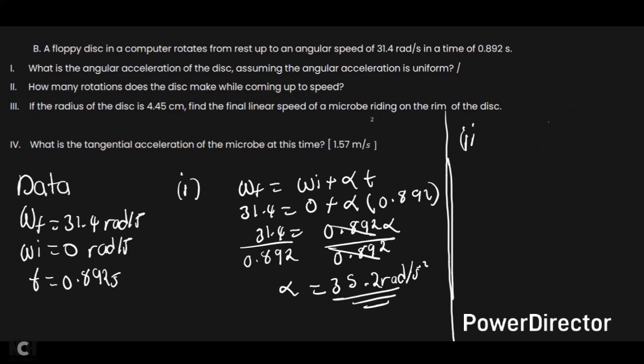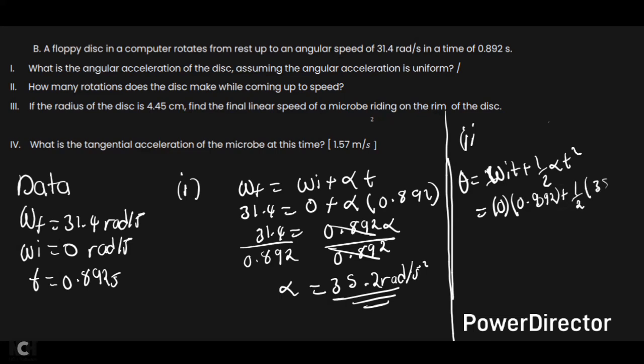Okay, I'll say theta is omega initial times time plus 1/2 alpha t squared. Then what's the omega initial? The omega initial in this situation is 0 because it started from the rest. How about the time? That's 0.892, plus 1/2. What's the alpha?